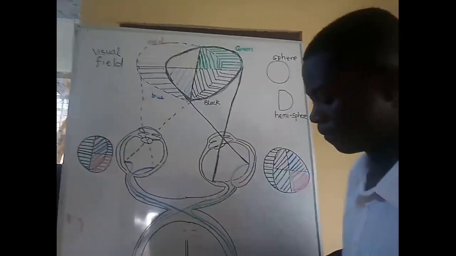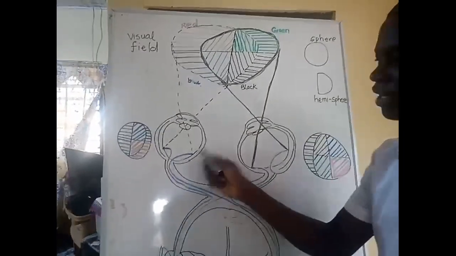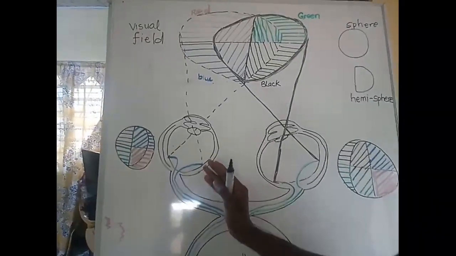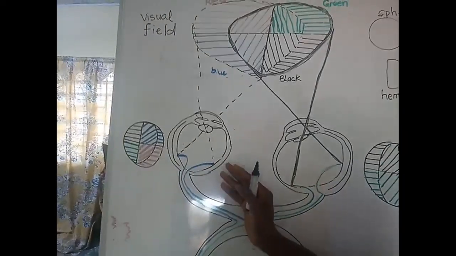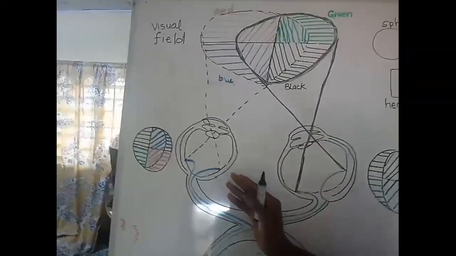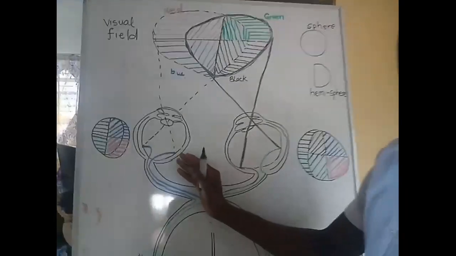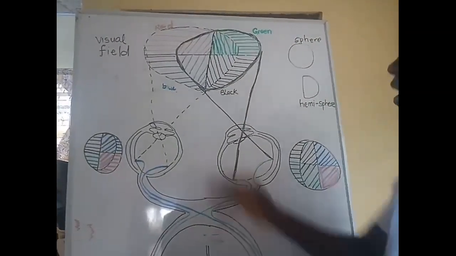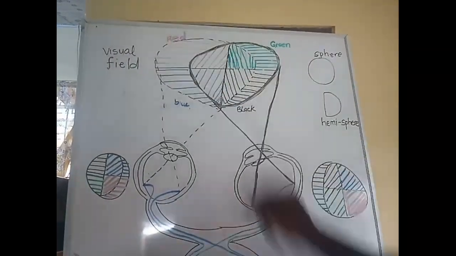Now, this portion is the retina. So the right side of this eyeball is the left eyeball. The right side of the left retina perceives a hemifield that is described here.